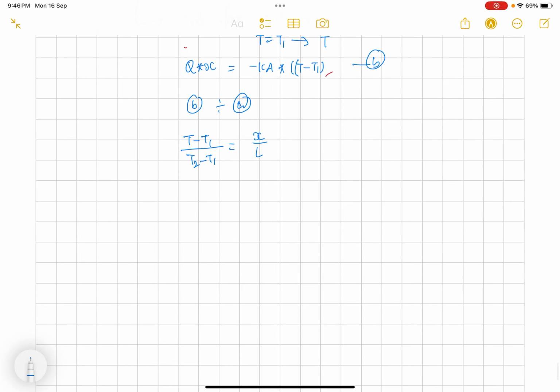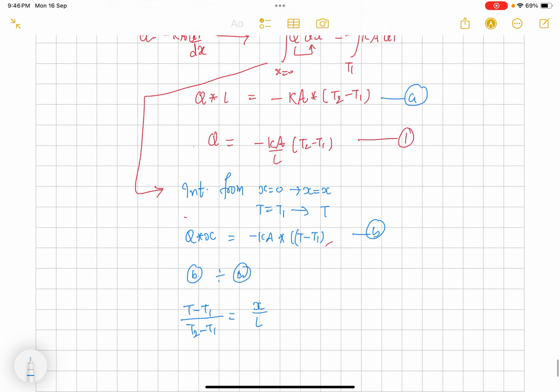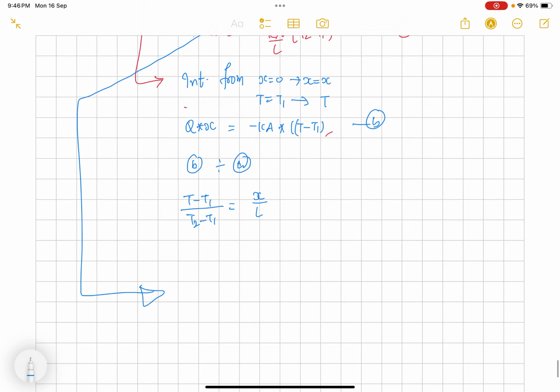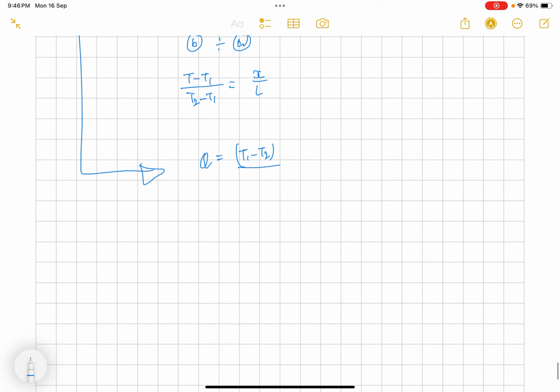Similarly, from here we can get the thermal resistance value: Q as T1 minus T2 divided by L by KA, and L by KA is the plane wall thermal resistance. Alright, so this was all about the steady state heat transfer for the plane wall case.